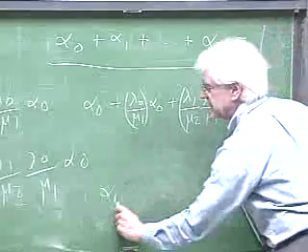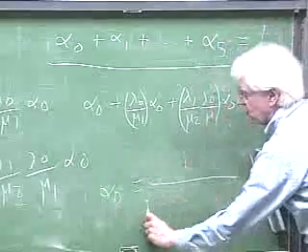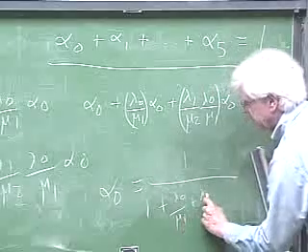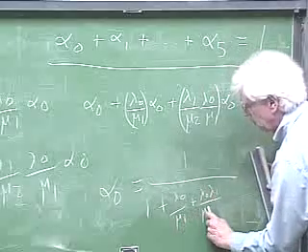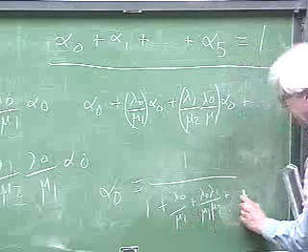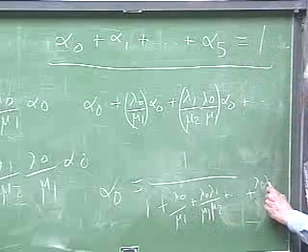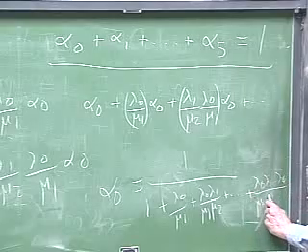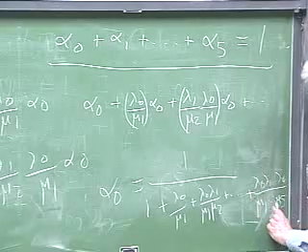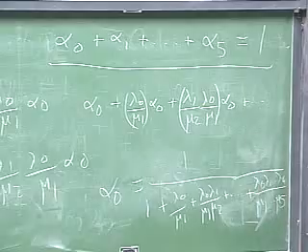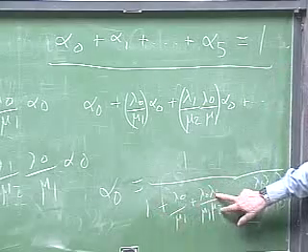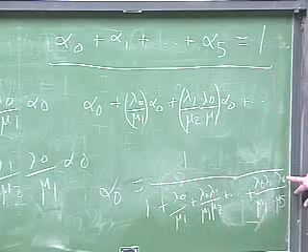So I'm going to get alpha 0 equals 1 over 1 plus lambda 0 over mu 1 plus lambda 0 lambda 1 over mu 1 mu 2 plus, and the last one. So these terms are the product of ratios, successively.